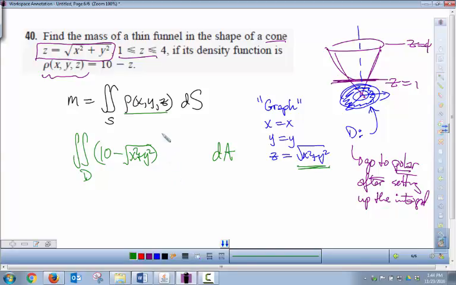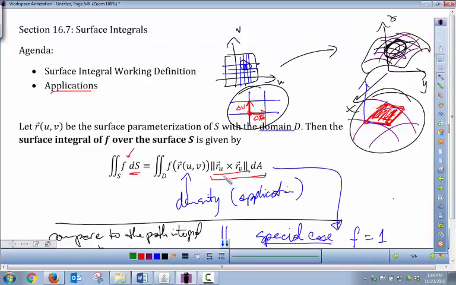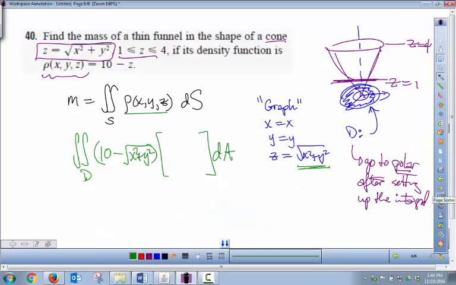I left a space over here because according to the formula, I need to figure this out. Does anybody know what that is off the top of their heads?